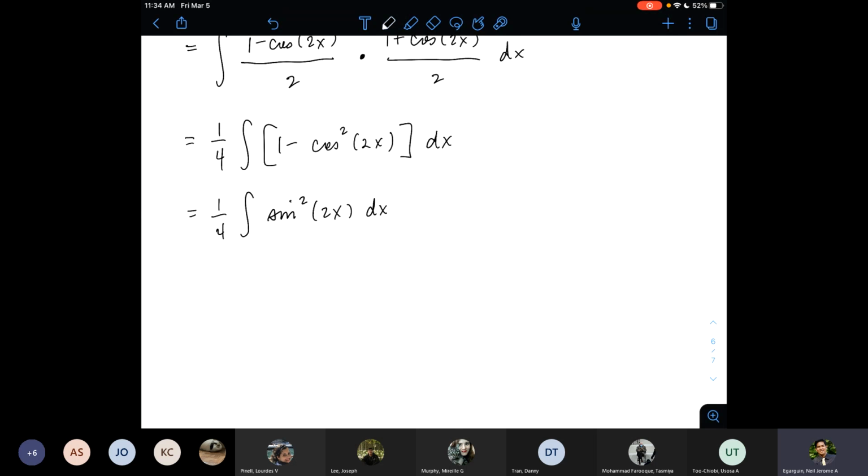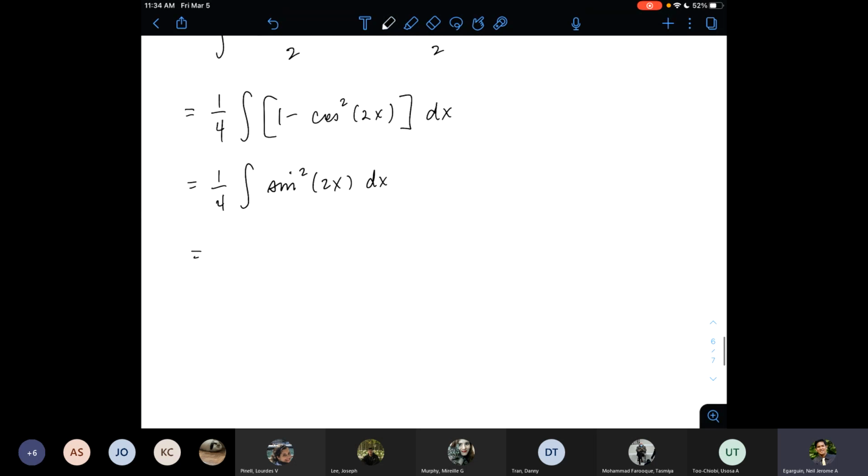But unfortunately, this guy still has an even power for sine. And again, when you have an even power for sine, we need to use half angle identities again. So another application of the half angle identity will give us 1/4 integral of (1 minus cosine of 4x) all over 2 dx.